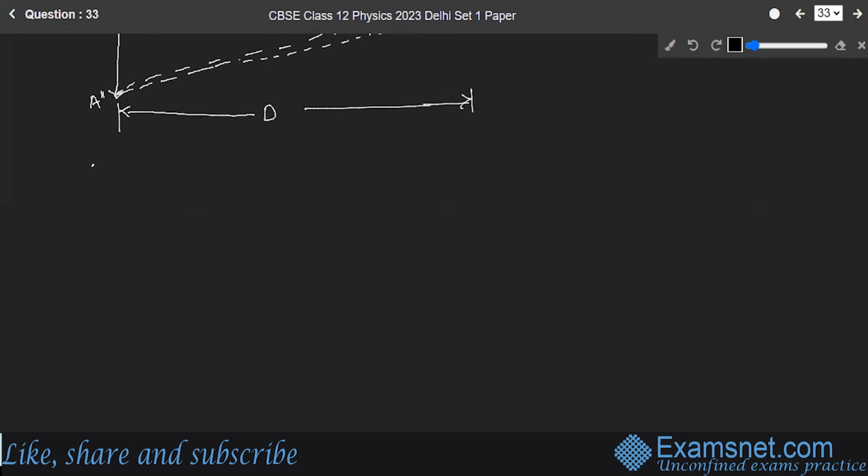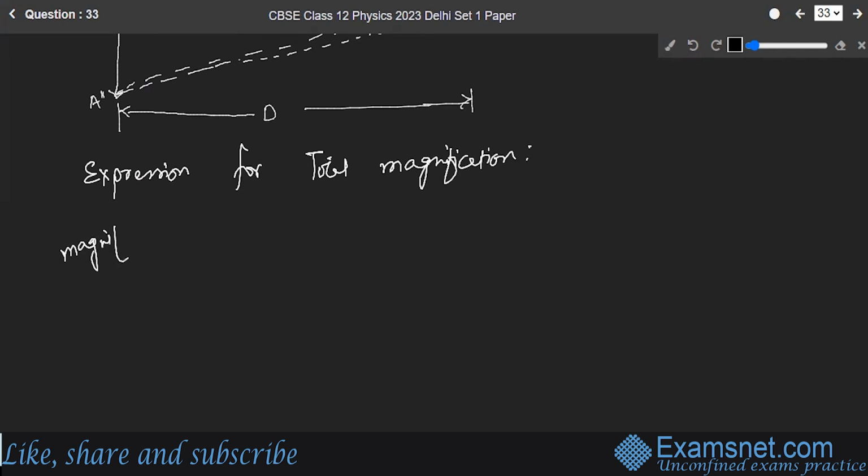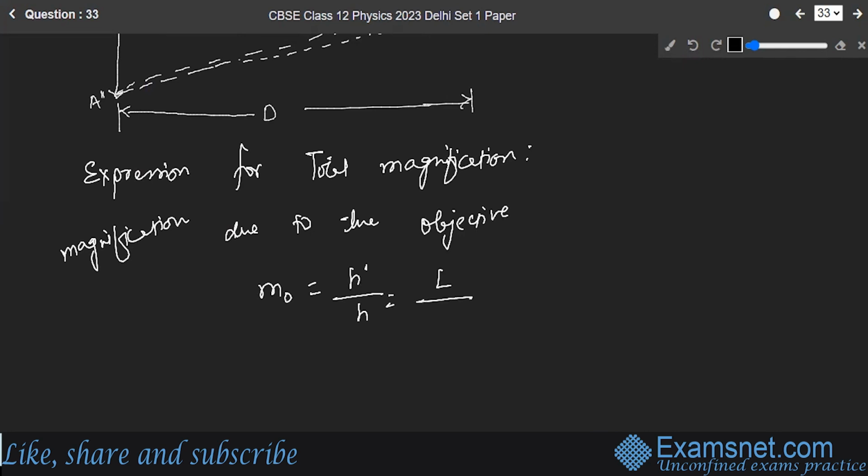So the required expression for total magnification: first of all, the magnification due to the objective. This is M_O equal to h' upon h, that is equal to L upon f_o.